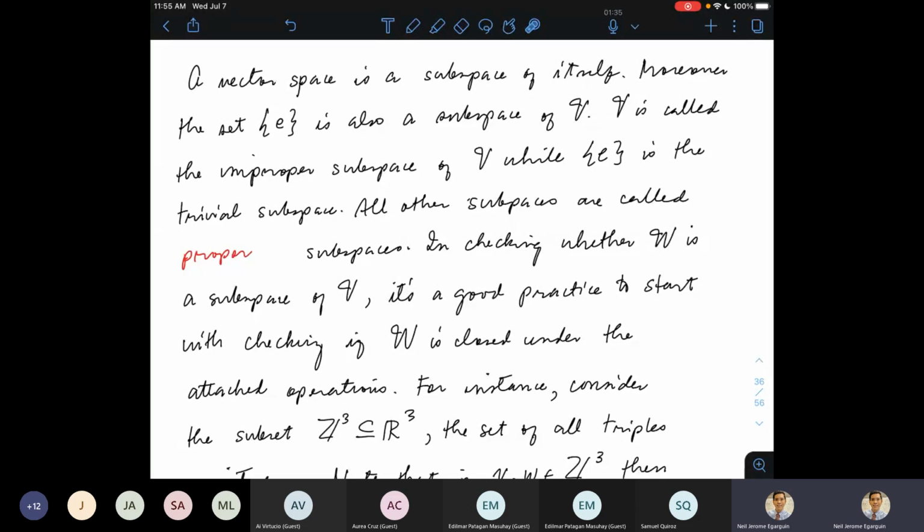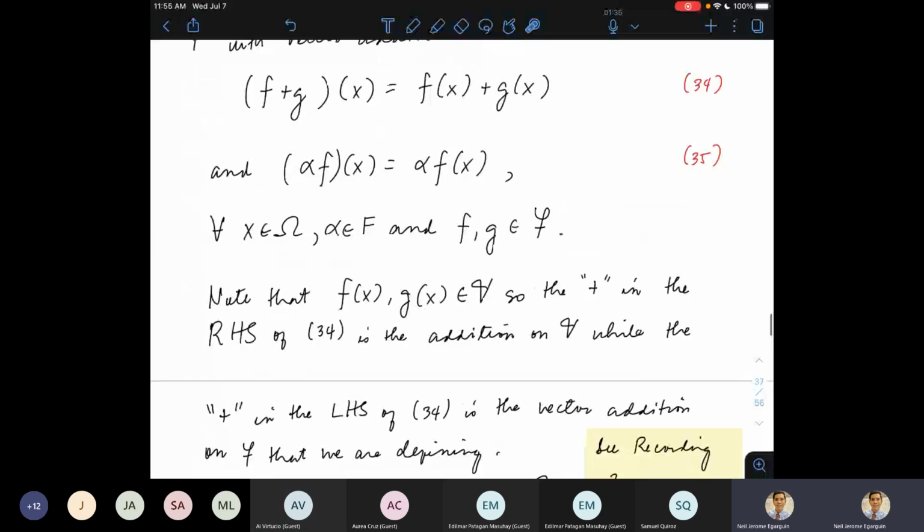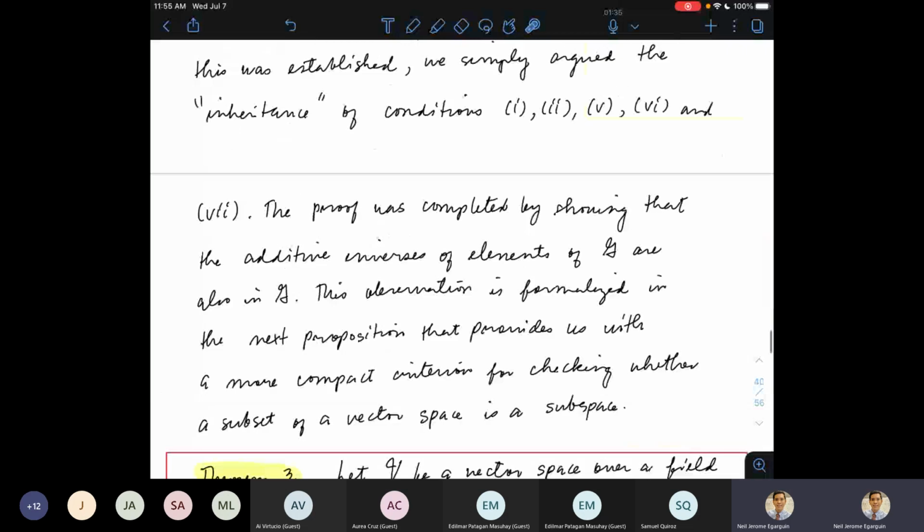So that means nandun na siya palagi. So if you will be able to find one more element aside from the identity, then it will qualify to be a non-trivial subspace. And then just to prove that it is proper, pakita nyo lang na it has at least two elements, but not the entire parent vector space.